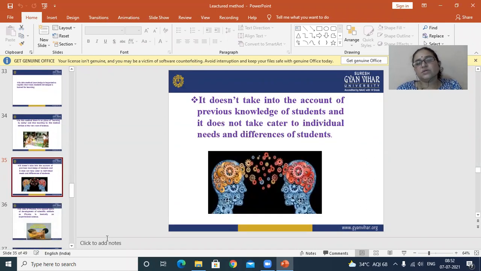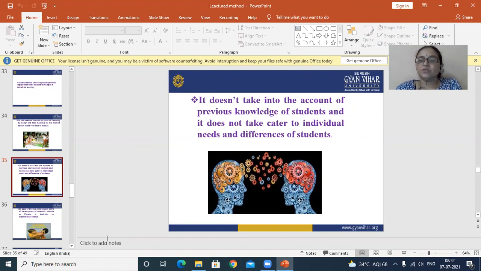It does not take into account the previous knowledge of a student, and it does not take care of individual needs and differences of students, because the lecture method generally depends on the teacher's ability, quality, competency, skills and knowledge of the subject matter.